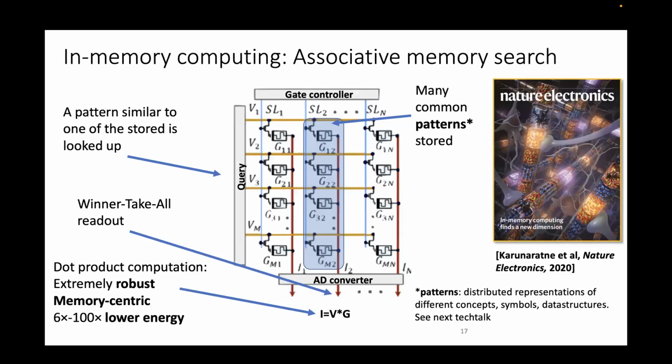If you want to know more, you can read this article from a colleague of mine at IBM Research in Zurich, in Nature Electronics, where they describe this technology in great detail and show examples of computations.